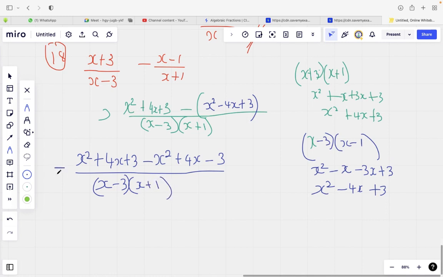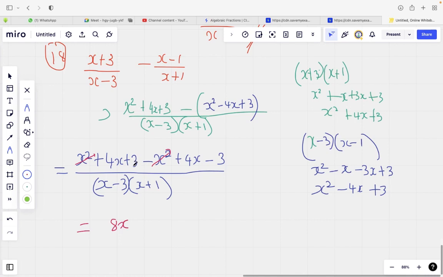Okay, now the next step: you look at this, you have x squared and minus x squared, they will cancel themselves out. Positive x squared will cancel negative x squared. And then you have plus 4x and plus another 4x, it becomes positive 8x.